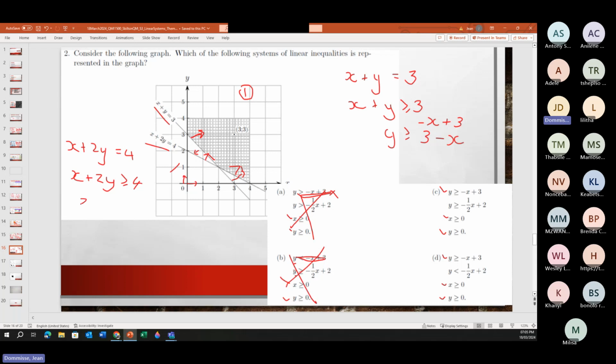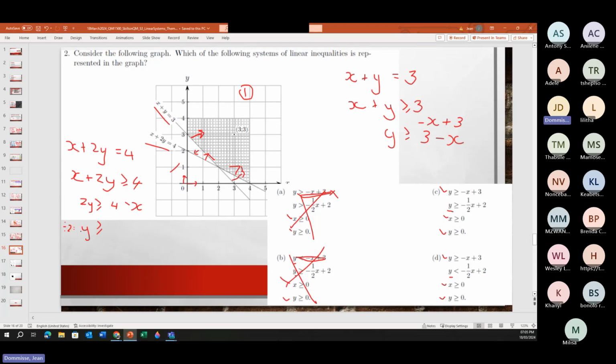So again, if we rewrite it, 2y bigger or equal to 4 minus x. And now we divide by 2 because, again, we want y to be the subject, not 2y. So let's divide by 2 on both sides.